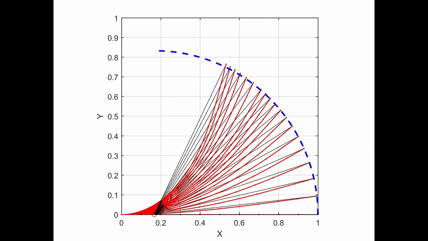So, here is where we are showing all that crank, the black lines here are the crank directions and the red ones are the elastically deformed cantilever beam.